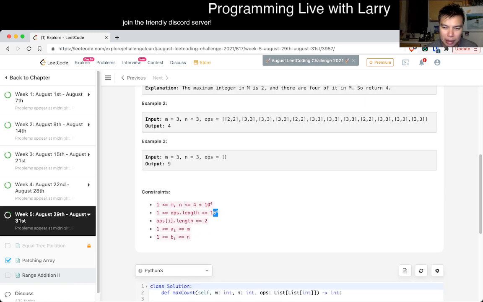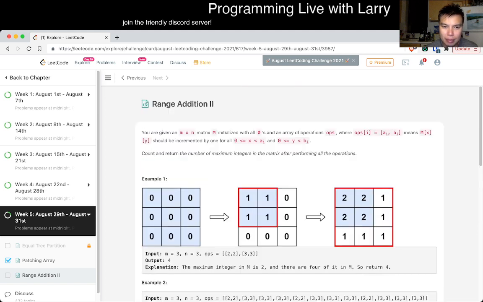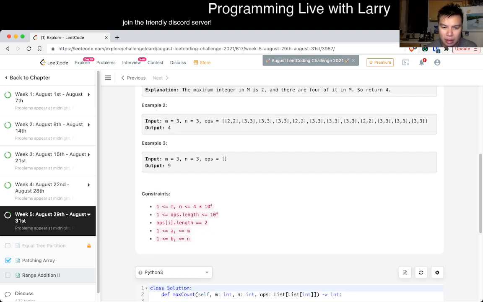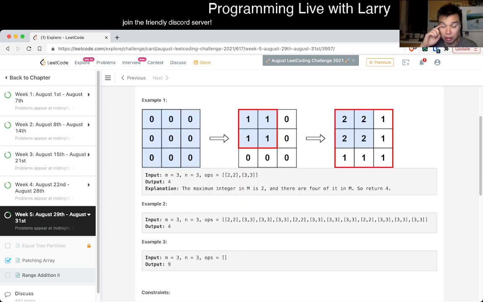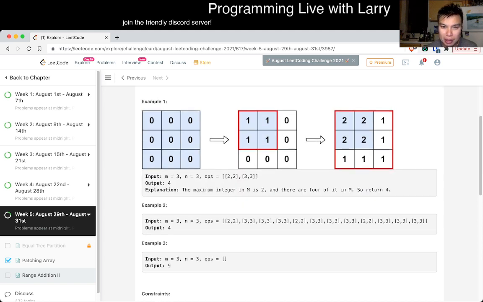Operations can also be pretty long. I mean, I feel like this is just like one that we have done recently. Maybe I misunderstood something.